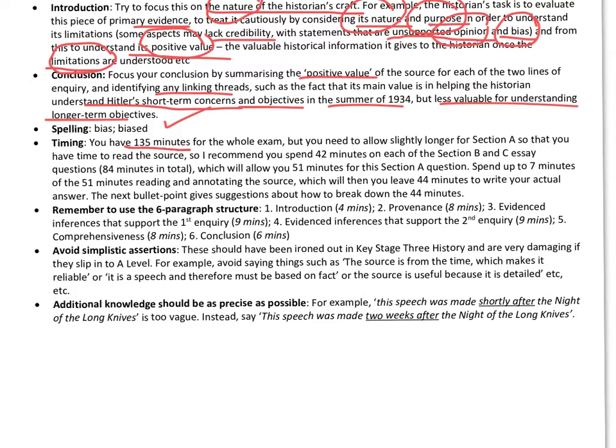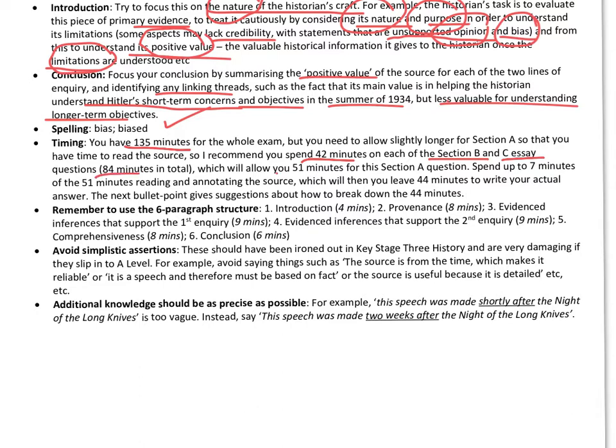However, you can't really do that because you've got to build in a little bit of extra time for the source question so you can read the source, which means you've got to spend a little bit less time on the section B and section C essay questions. So my recommendation is that you spend 42 minutes on the section B, that's the depth study, and the section C, the breadth study essay questions, which makes 84 minutes in total.